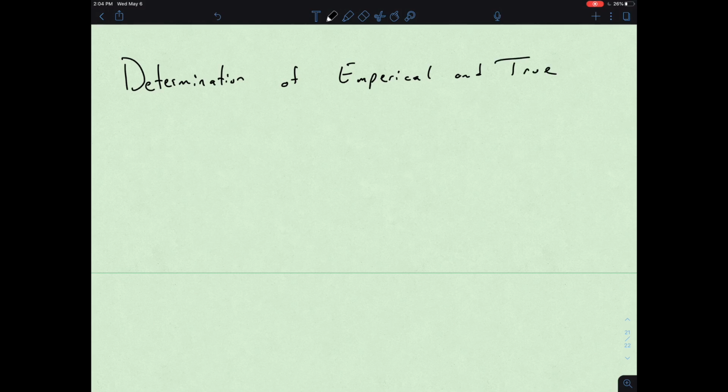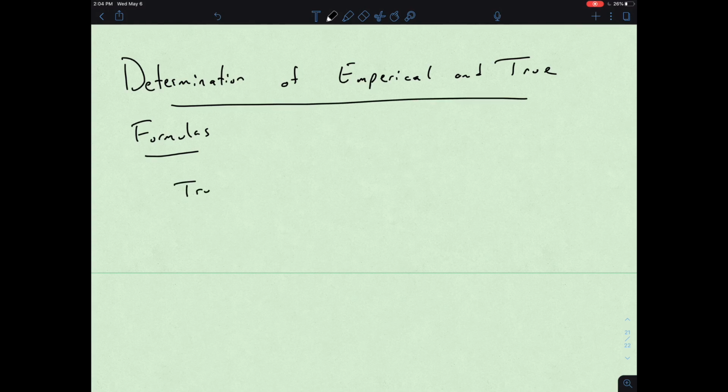Let's now get into determination of empirical and true formulas. Remember, we have two ideas.